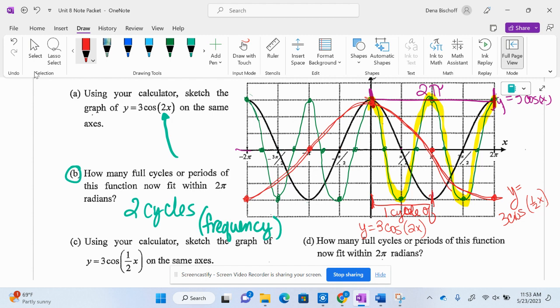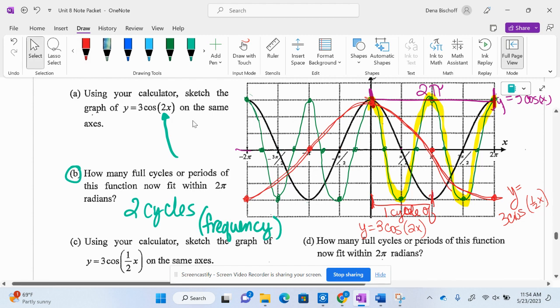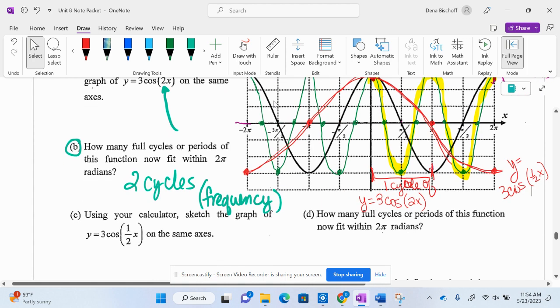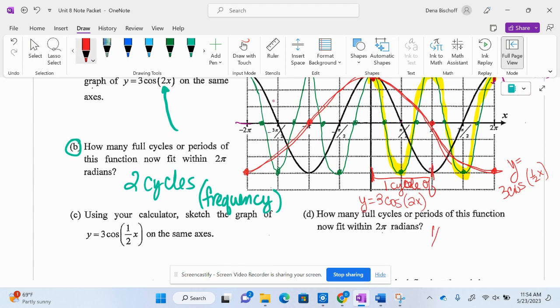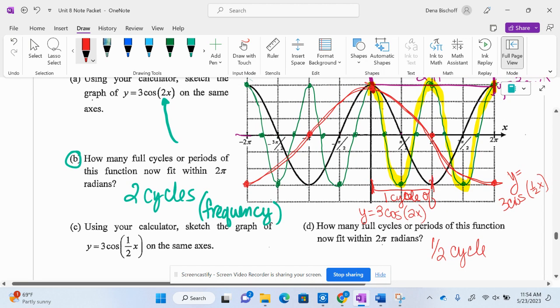So it says how many full cycles or periods of this function fit within 2 pi? Well, we only get half of it. We only get 1/2 of a cycle. I'm going to leave that there so everybody can graph it, and you just tell me when you're ready for me to sneak on to the next one.